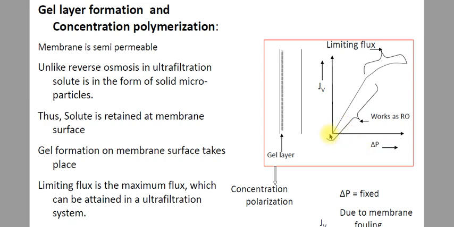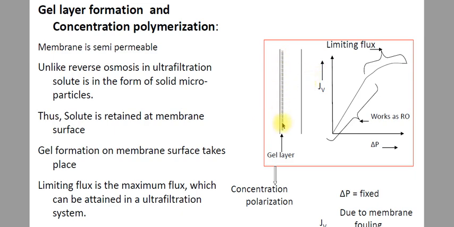But in ultrafiltration membrane, after some value of the pressure, you will find that the flux will start to reduce and then it will become constant. At this point, when you increase the pressure, the flux will not increase. This is called the limiting flux in ultrafiltration, and it happens due to the formation of the gel layer. Why? Because when you increase the pressure, the flux of water will increase.